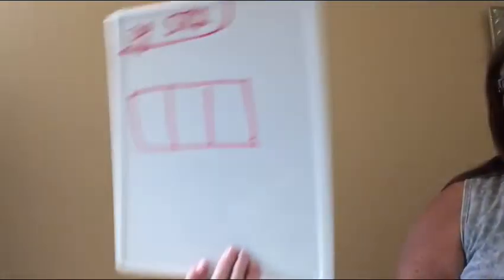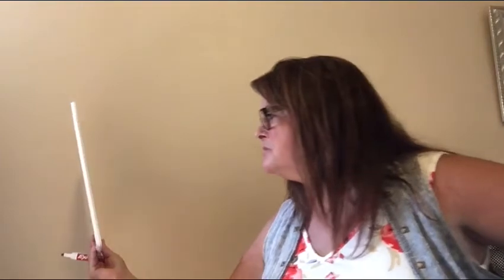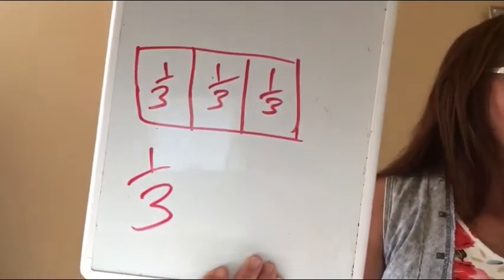So if we're going to show the rectangle with 3 equal shares, so one part is 1/3, or written out 1/3.